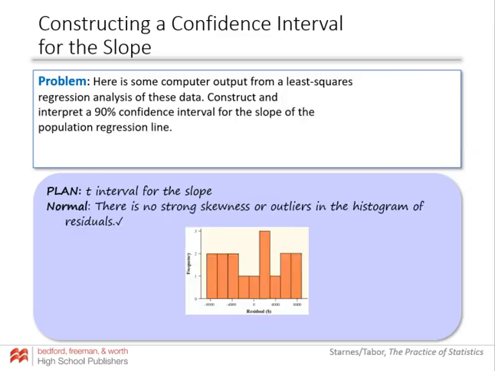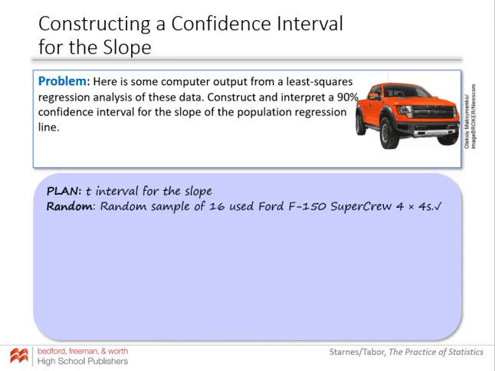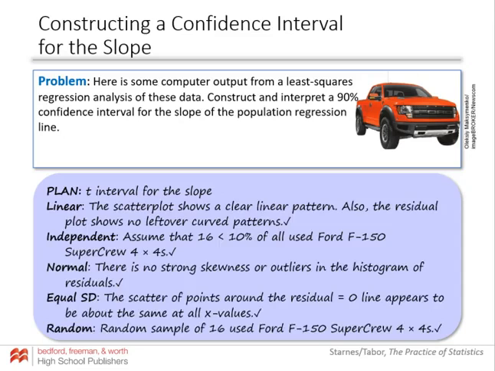Okay, normal, in our computer output, they gave us a histogram of the residuals. There's no huge, strong skewness or outliers in this histogram, so we're good there. Okay, equal standard deviation. If I look at this residual plot, it's roughly the same from the left side of the graph to the right side. There's no pattern there. And then random, they told us in the problem that they took a random sample. All right, so all 5 of our conditions, LINER, are met here.